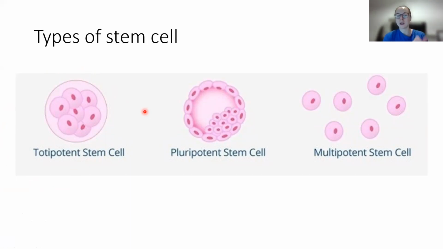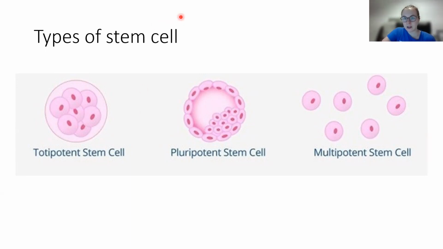So a totipotent stem cell can make any type of cell that's found in an embryo and the placental cells as well. This is probably our best type of stem cell, because we can make absolutely anything from it.